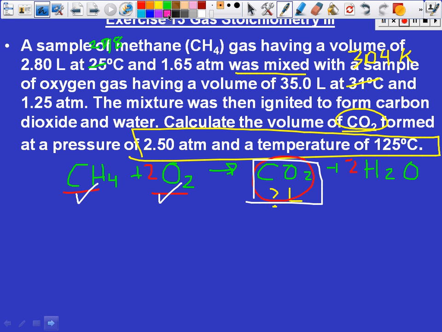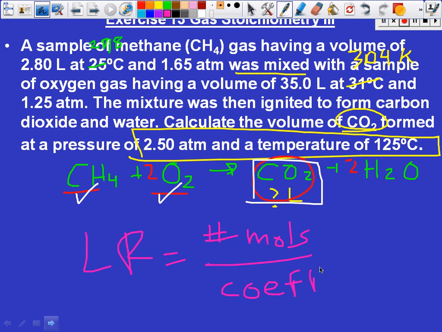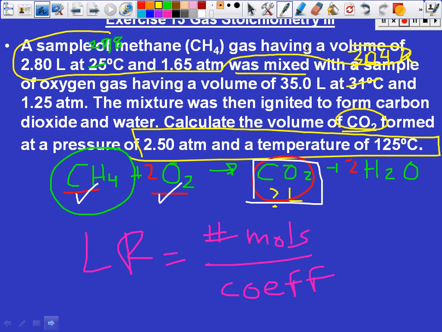Now, the limiting reactant, LR, is the number of moles divided by the coefficient. Due to time's sake, I want to cut this video short, but here's what I'll need you to do. Set this up. Use PV=nRT and the data they gave you for methane, which is all right here, and plug that in to PV=nRT and solve for n.